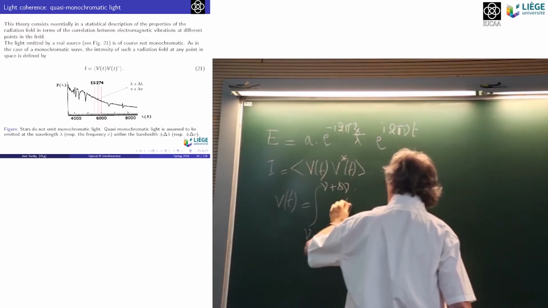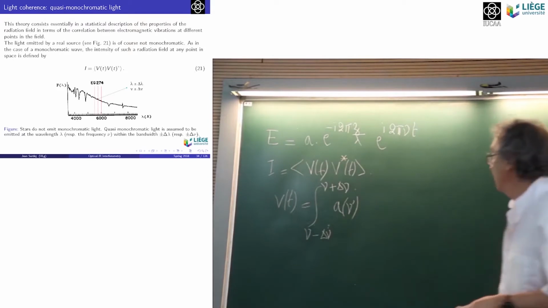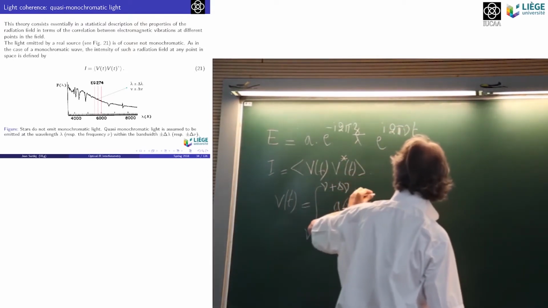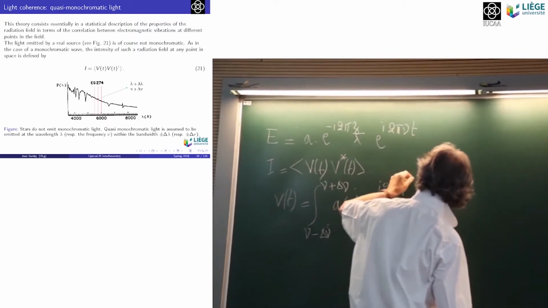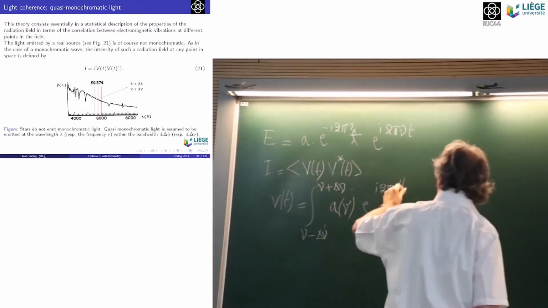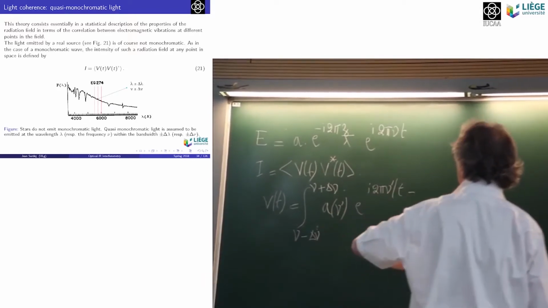So I would say A of nu prime, because it could slightly depend on the frequencies, multiplied by e to the 2 pi i nu prime times t.